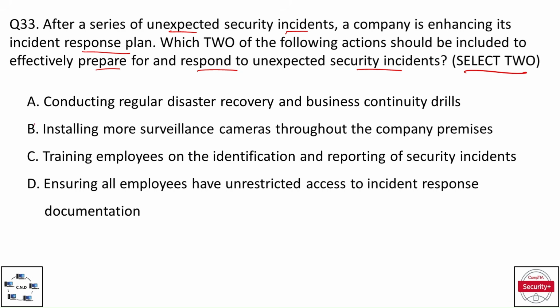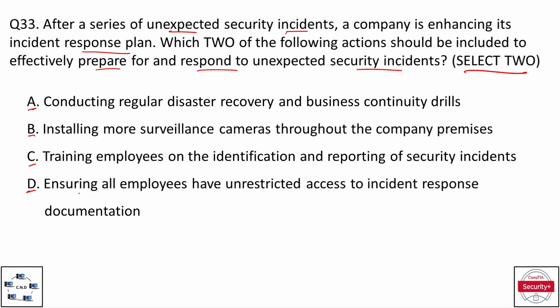Select two options, and the options are option A, conducting regular disaster recovery and business continuity drills. Option B, installing more surveillance cameras throughout the company premises. Option C, training employees on the identification and reporting of security incidents. And option D, ensuring all employees have unrestricted access to incident response documentation.